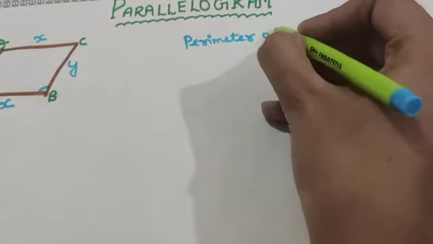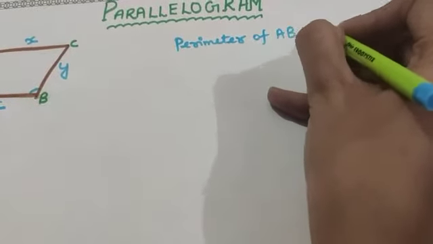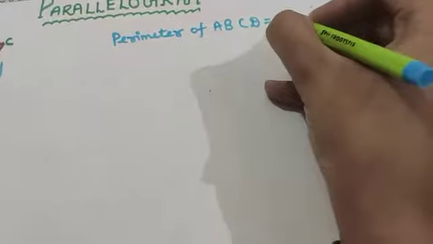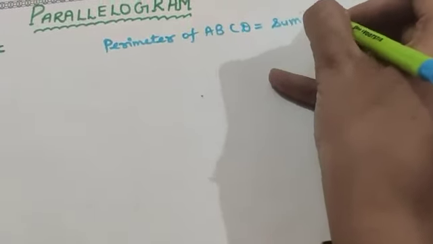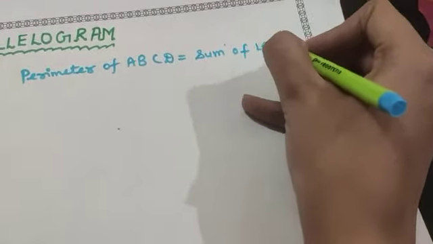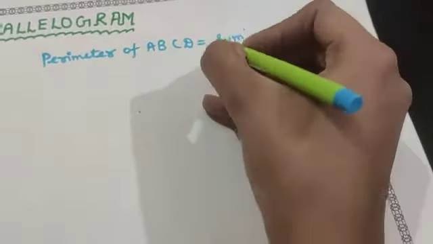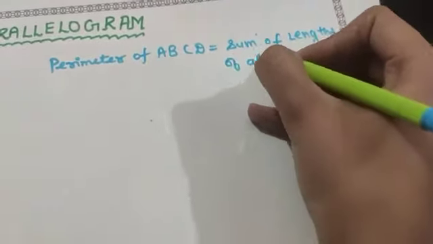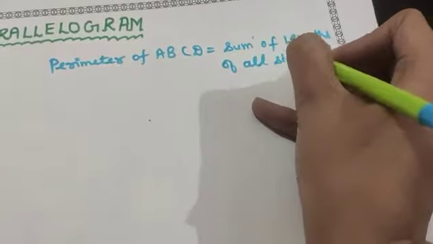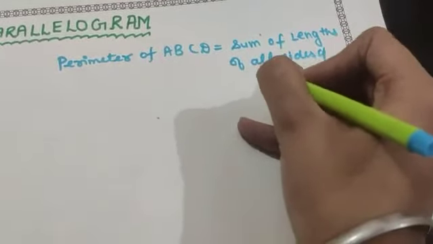We have to sum the lengths of all sides of a closed figure. So the perimeter of this parallelogram ABCD is equal to the sum of the lengths of all sides of ABCD.